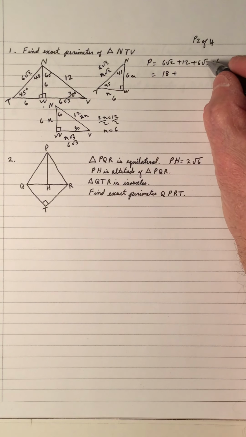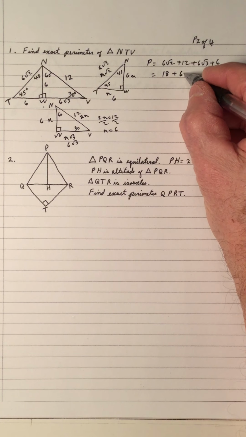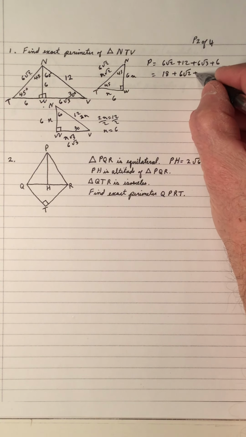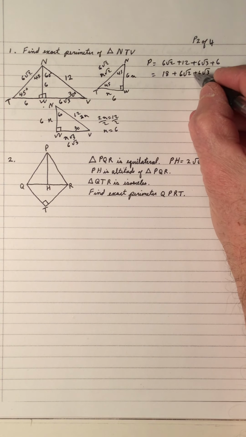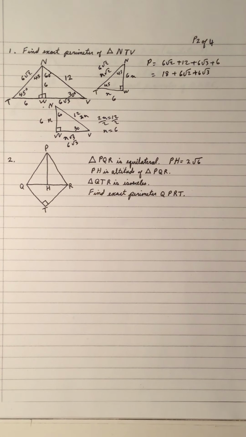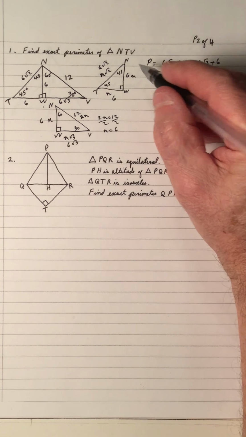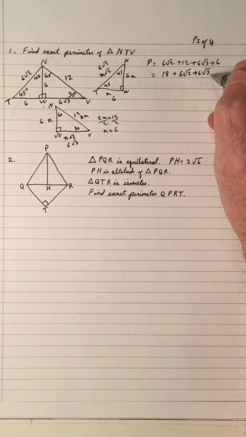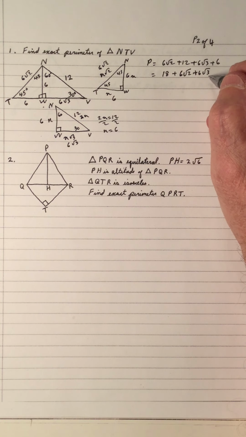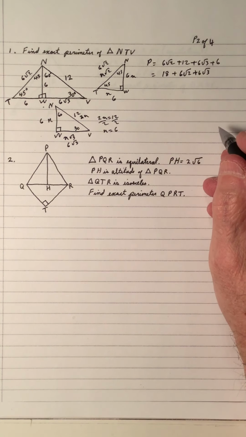And 6 root 2 and 6 root 3 cannot be combined. They're not like radicals, so we can't add them. So that's the perimeter. Again, I didn't put in the units, so the perimeter would be whatever the unit is: feet, inches, centimeters, millimeters.